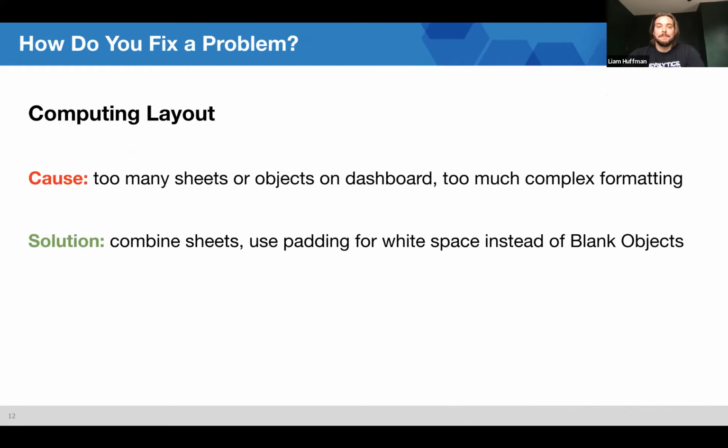They look great, but they do take processing time. So some easy ways to counter a computing layout slowdown are to combine some sheets, reduce the number of items on the dashboard, and use padding for that white space instead of blank objects. That just reduces the total count of items that Tableau has to generate anytime it runs that dashboard.